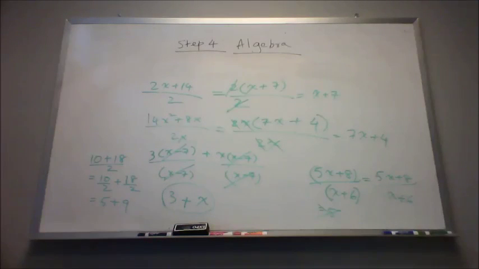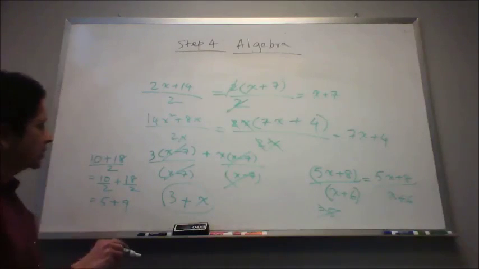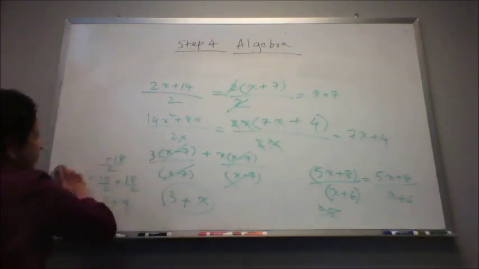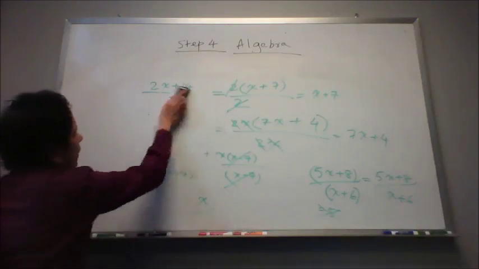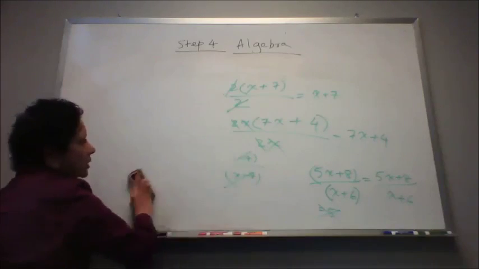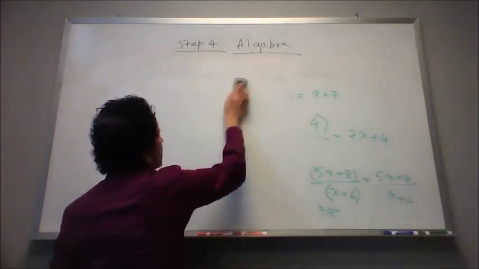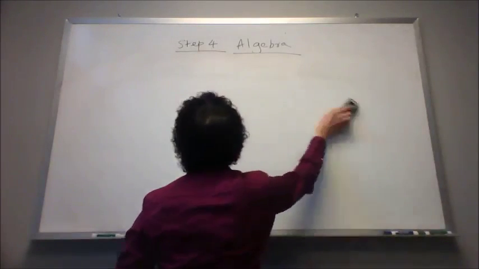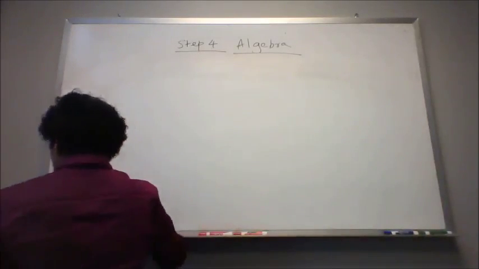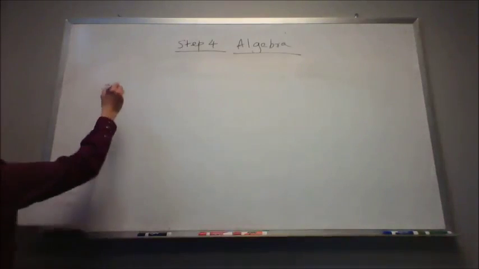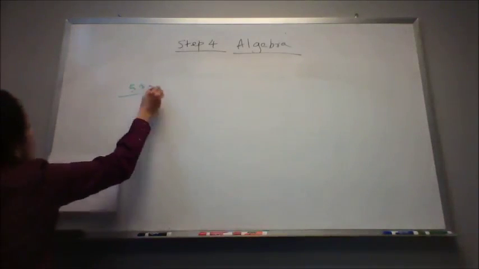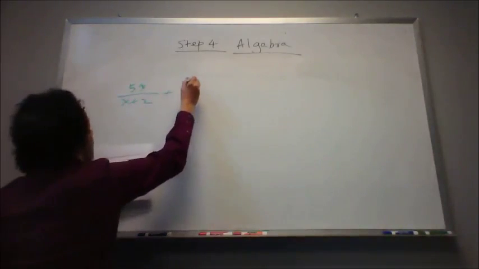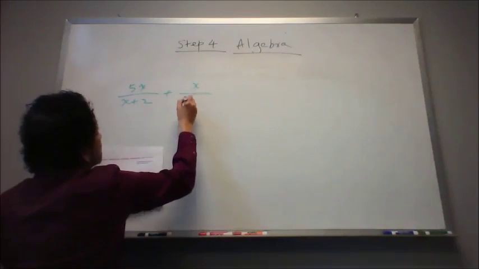So let's move on to the next one. How do we do the addition and subtraction of these rational expressions? Up to this point, we talked about addition and subtraction of polynomials. But in terms of rational expressions, for example here, I have 5x over x plus 2, and then let's say x over x plus 3.